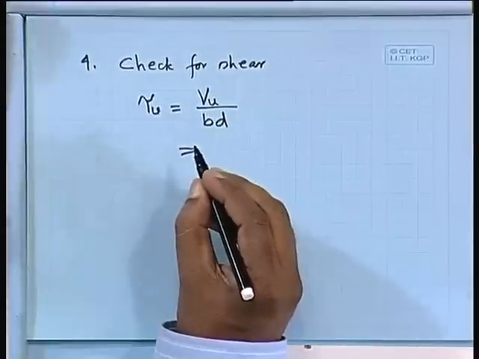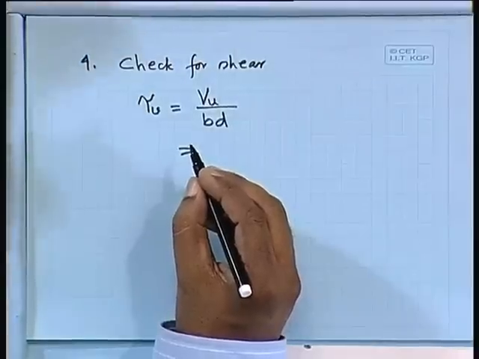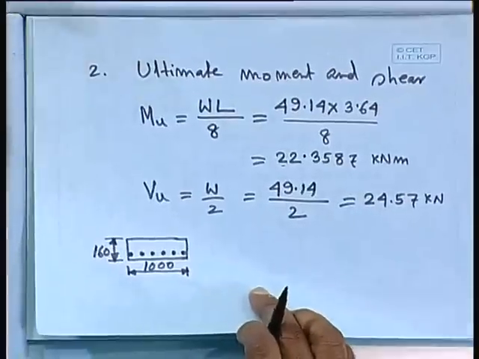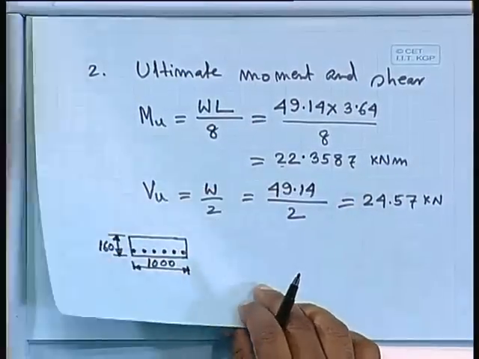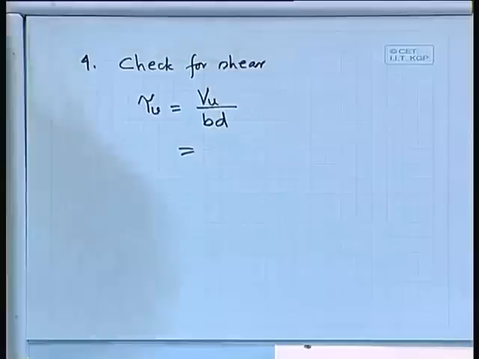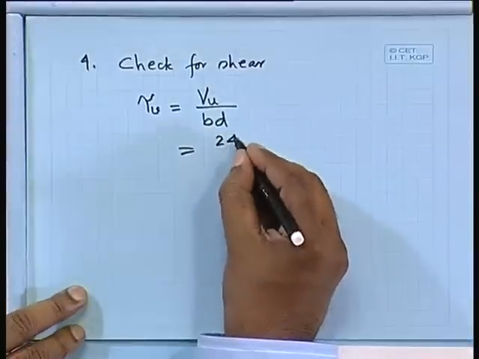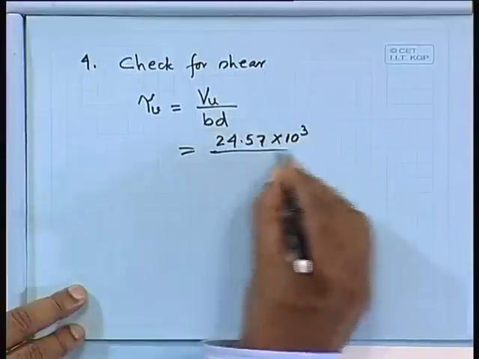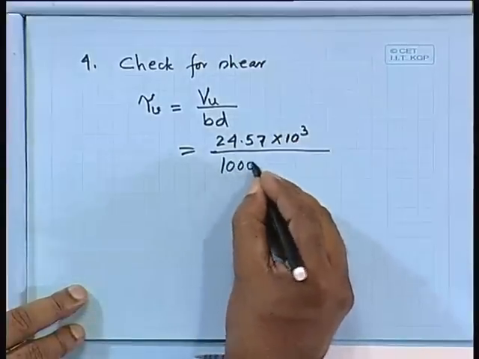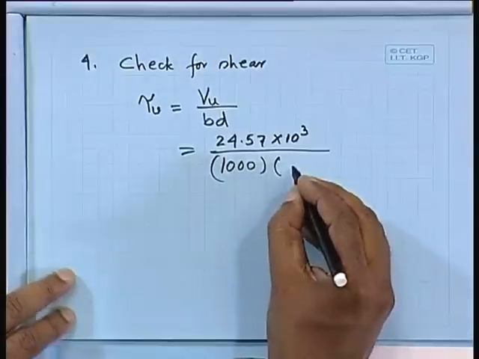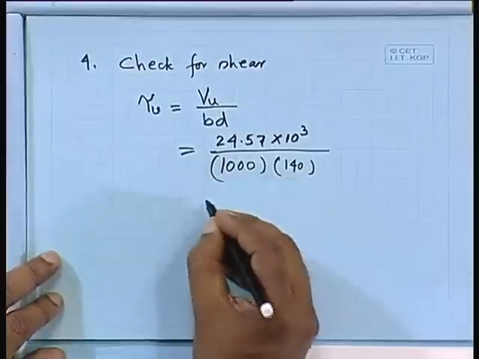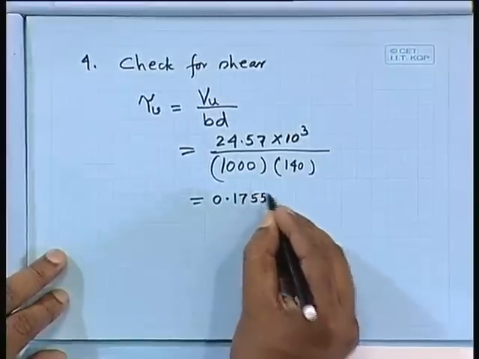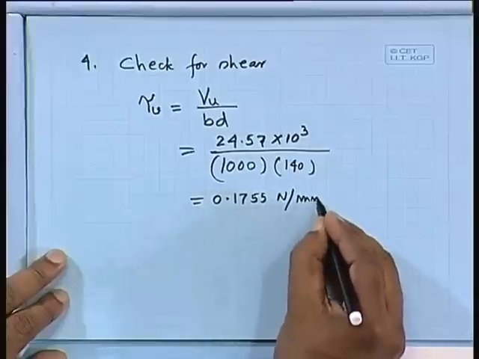Vu equal to 24.57 kilonewton, so 24.57 into 10 to the power 3 Newton divided by b 1000 times d 140, which comes as 0.1755 Newton per square millimeter.